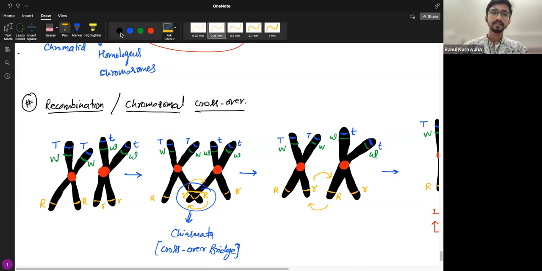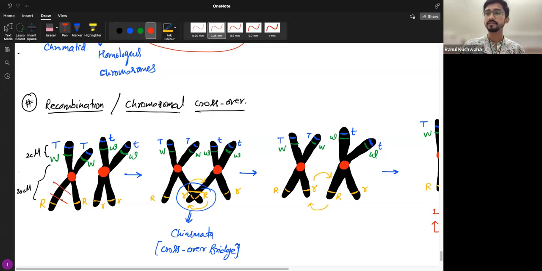And why is that? Because the sheer distance between these two genes is less, let's say around 2 centimorgan. But the distance between W and R is huge, let's say 20 centimorgan. So when a crossing over event randomly happens, if it happens here, W and R still get separated.